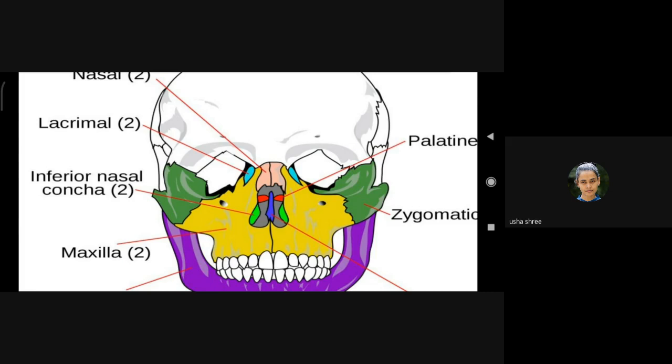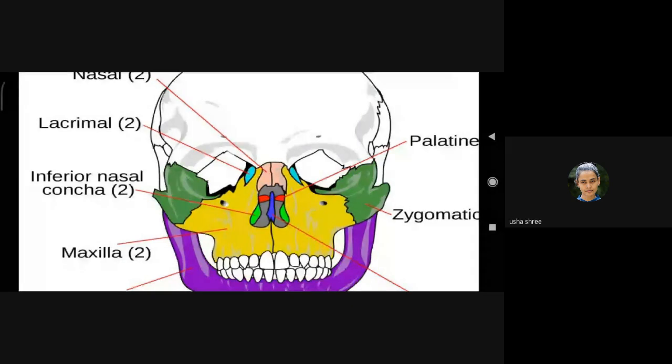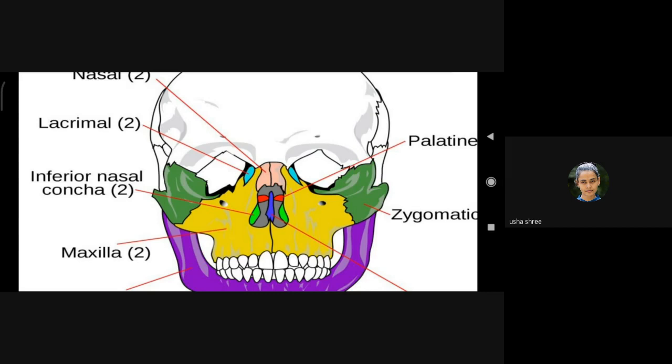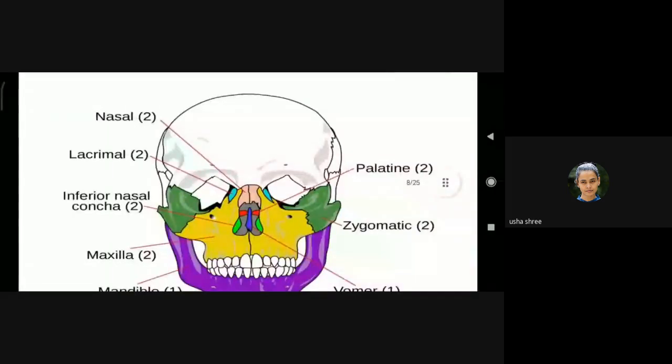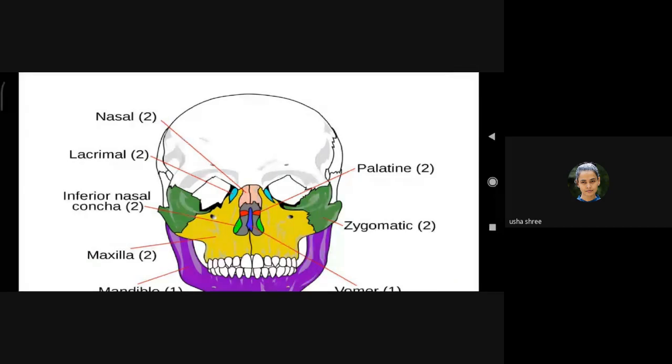Lacrimal is also a gland name that is responsible for tear generation. Lacrimal gland generates tear. So lacrimal bone is also there. Actually, these bones are not colored. These colors have been put to understand better.